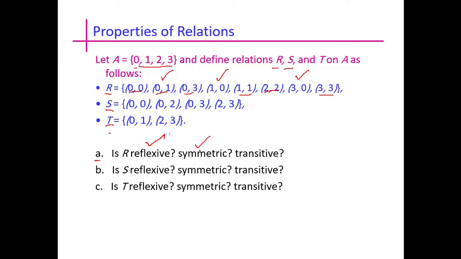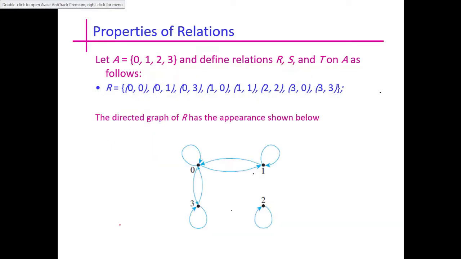Now what about transitive? To check a transitive relation, we have to see that if a is related to b and b is related to c, then a must be related to c. We can check the transitive property of the given relation R with the help of digraphs. A digraph is used to represent a relation.